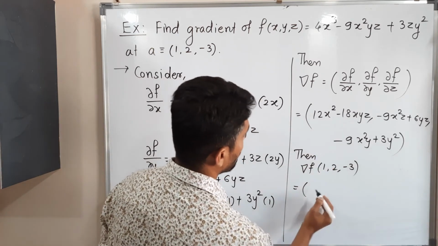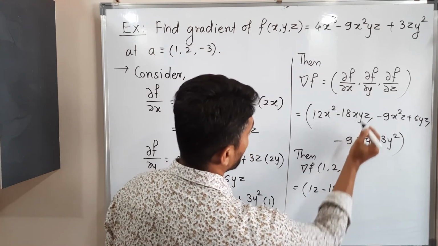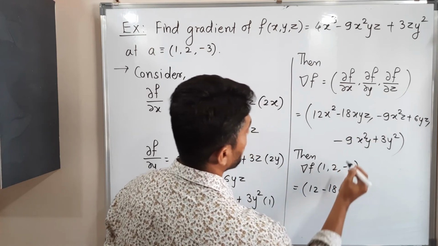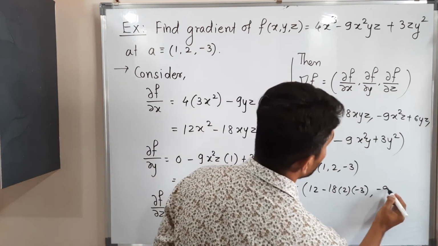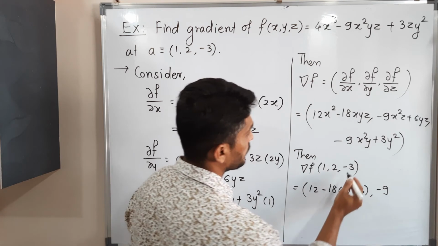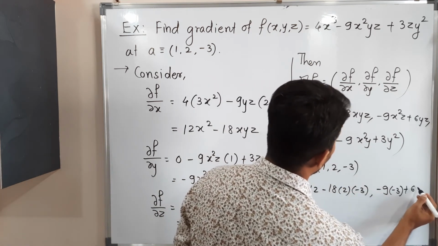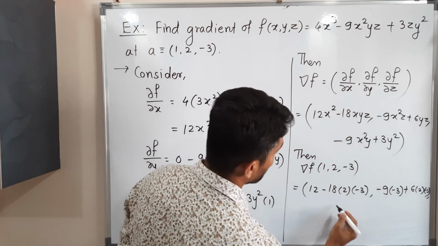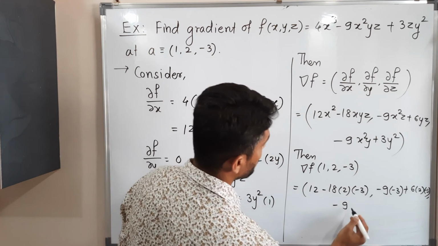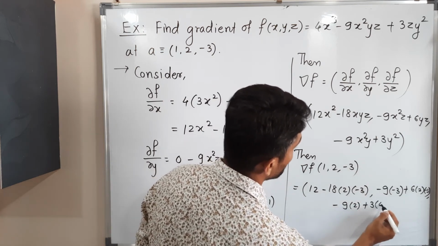Putting x equal to 1, y equal to 2 and z equal to -3: 12 minus 18 times 1 times 2 times -3, then minus 9, x is 1 so I ignore it, times z which is -3, plus 6 times y which is 2 times z which is -3. Here, minus 9, x is 1, y is 2, and plus 3 times y square, which is 4.